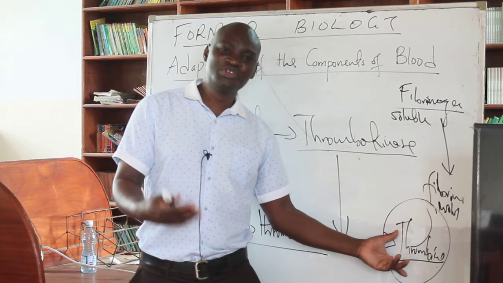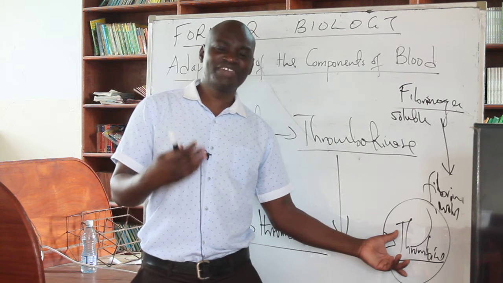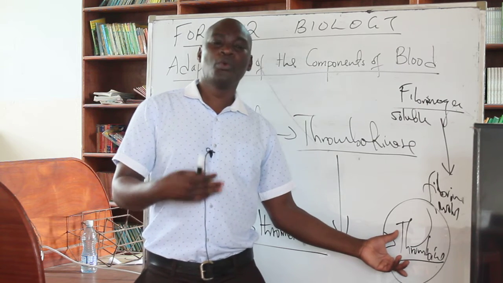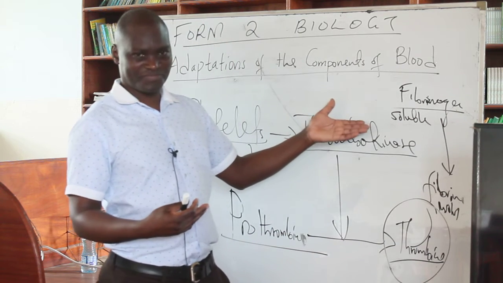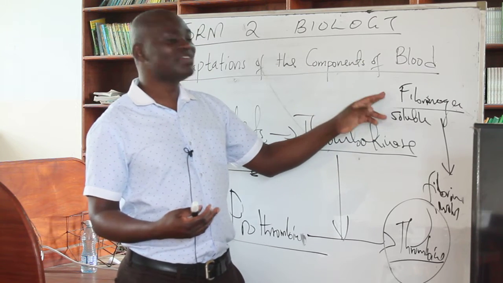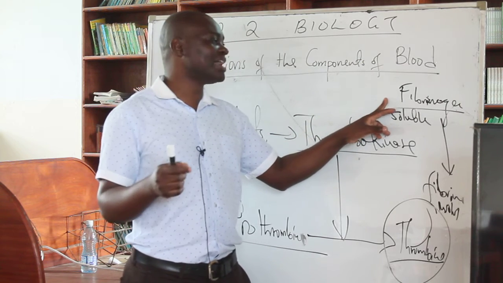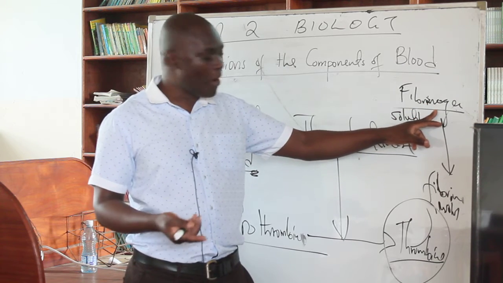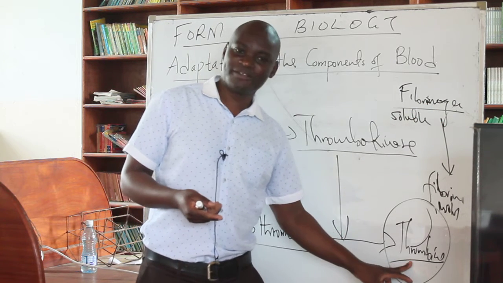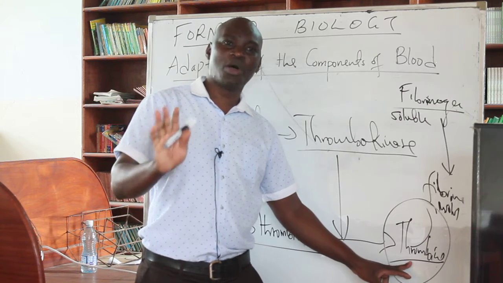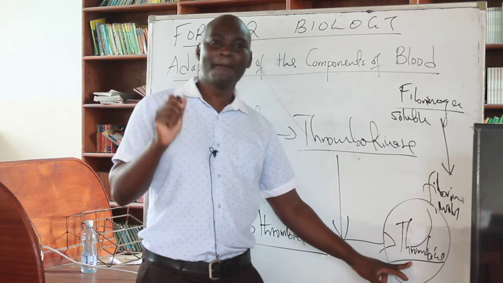What does thrombin do? What does this active enzyme do? That active enzyme will catalyze the conversion of another protein present in the blood called fibrinogen to its insoluble form called fibrin. The insoluble form will now block the wound and stop bleeding from taking place.